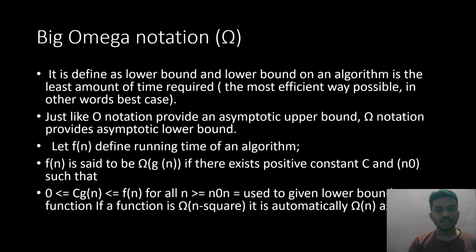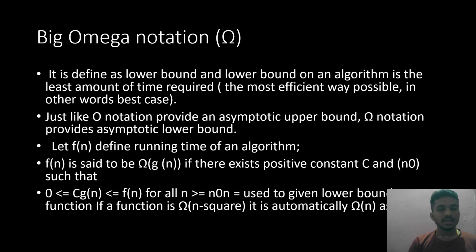Big omega notation is defined as lower bound, and a lower bound on an algorithm is the least amount of time required, the most efficient way possible, in other words, the best case. Just like O notation provides an asymptotic upper bound, big omega notation provides an asymptotic lower bound. Let f of n define the running time of an algorithm.